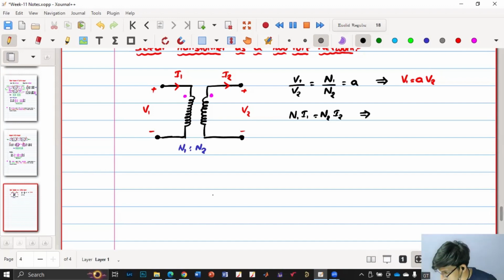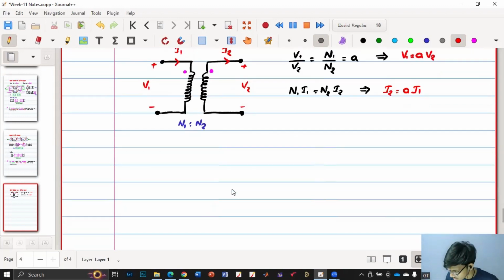That implies, now say if we want I2 in terms of I1, I2 equal to N1 by N2 into I1. So I2 is equal to A into I1. So now we got V1 and I2 in terms of V2 and I1. So what parameters we'll be using? H parameters. You know H parameters, it is the relation between V1, I2 and I1, V2. So let us do the same.